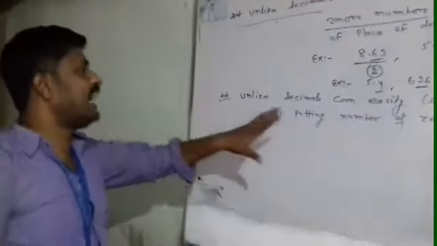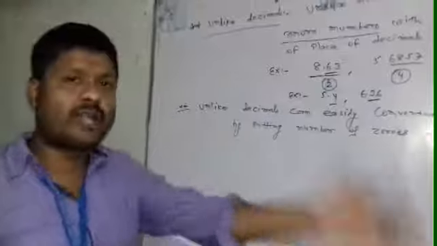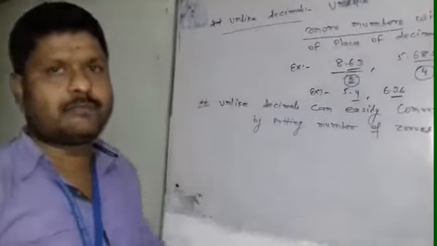That means unlike decimals can be changed into like decimals very easily.